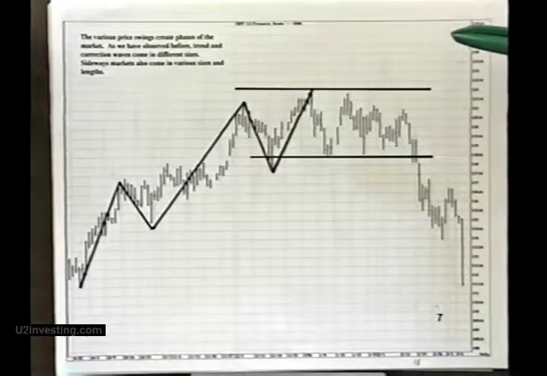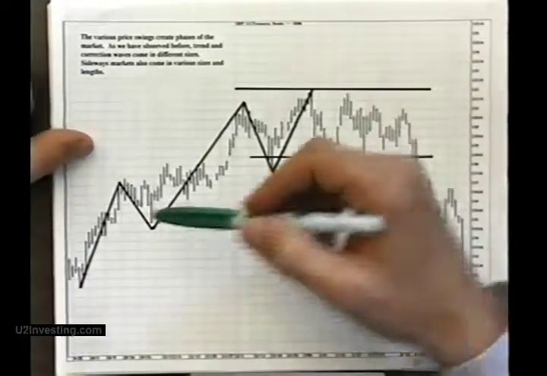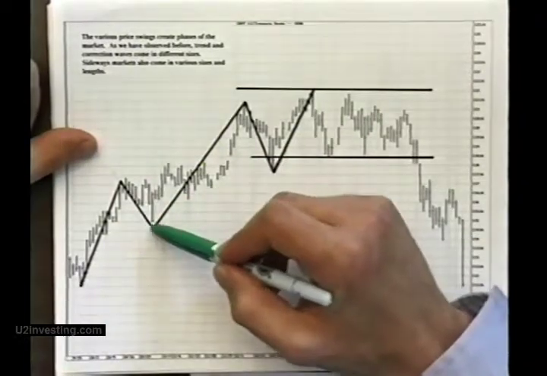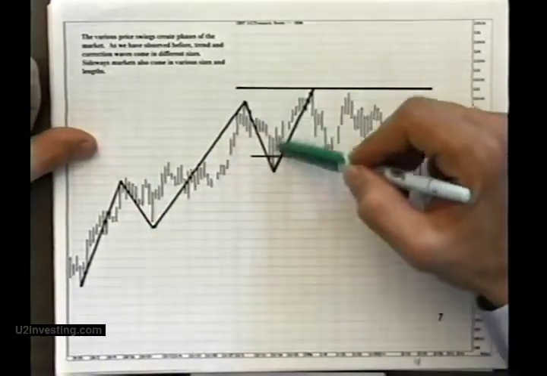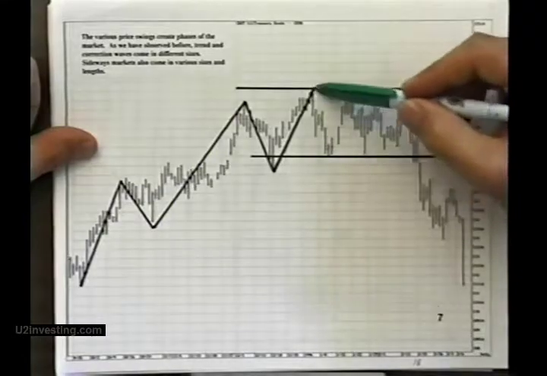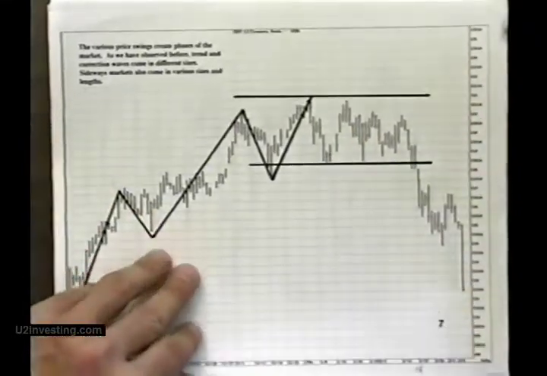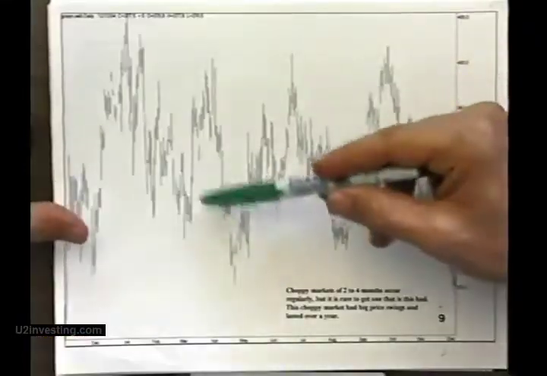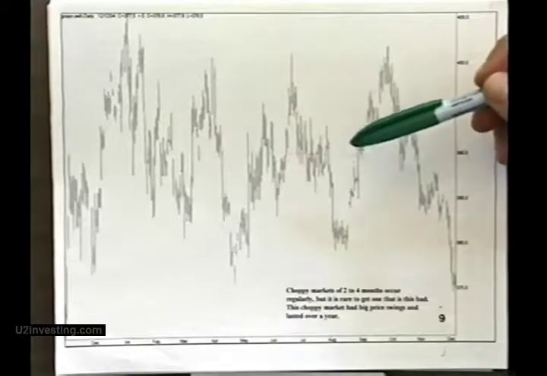Various price swings create each phase of the market. This is the correction phase, this is the trend phase, this is the sideways phase, and this is the trend reversal phase.